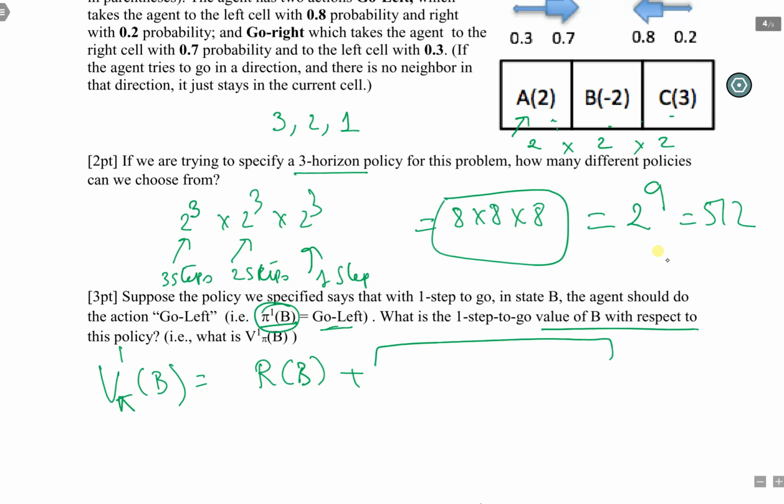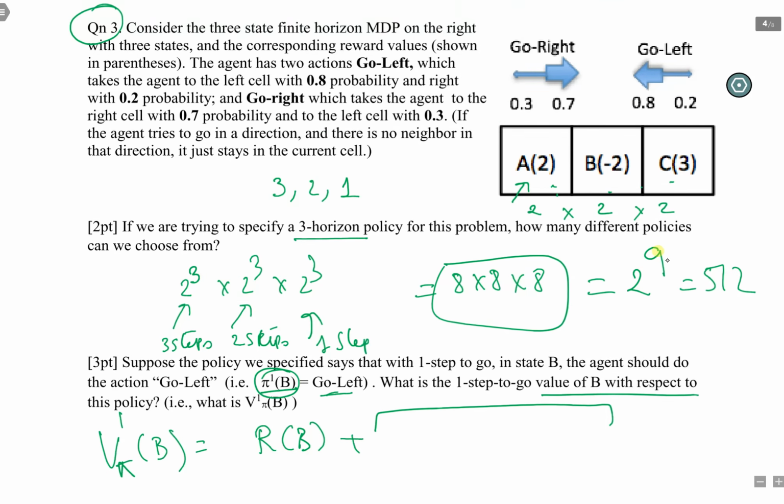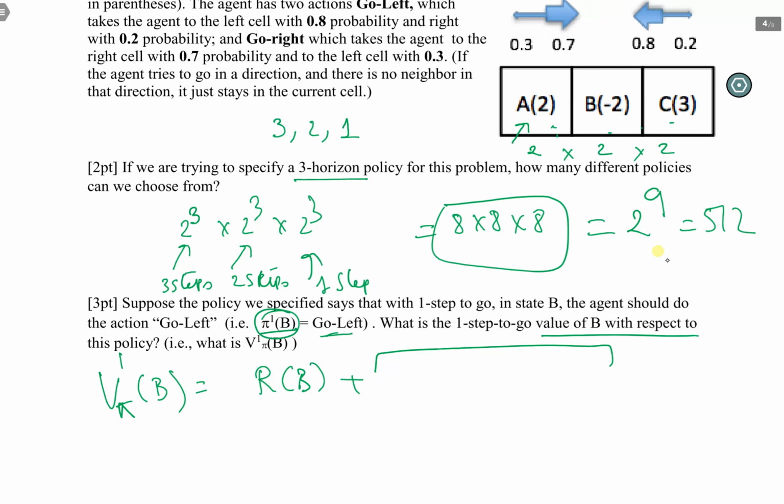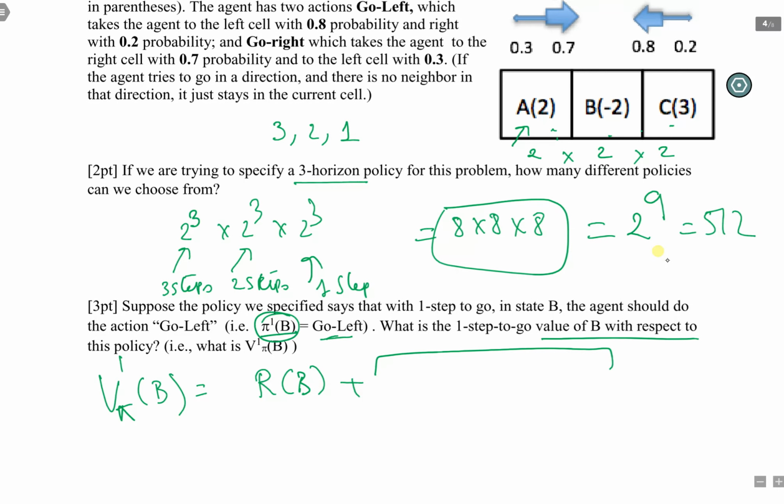If you go left, with 0.8 you'll get to A, so with 0.8 we get V0 of A, and with 0.2 you get V0 of C.